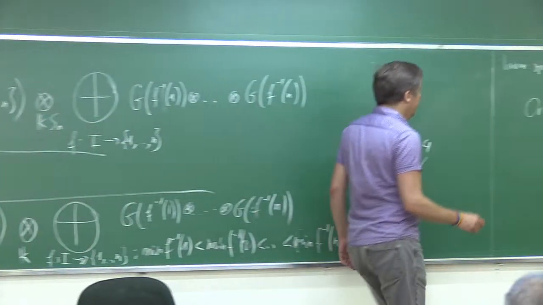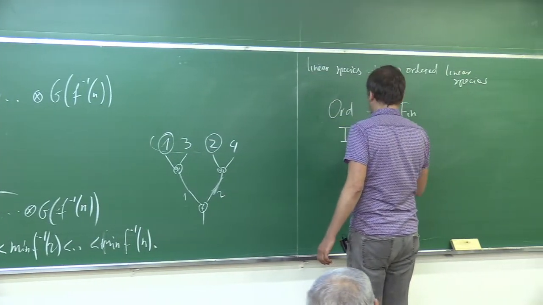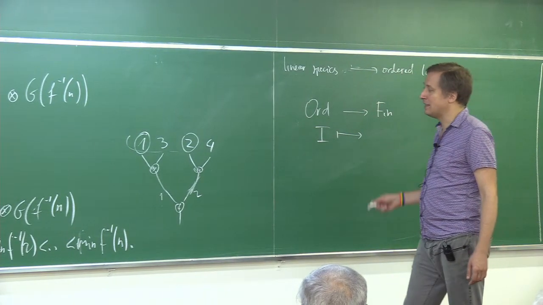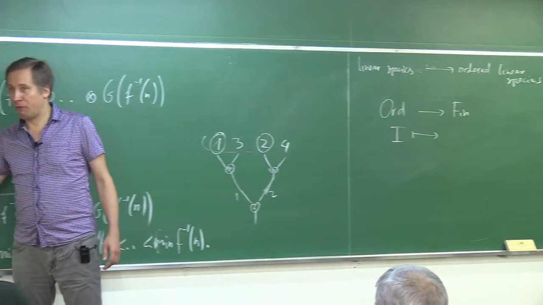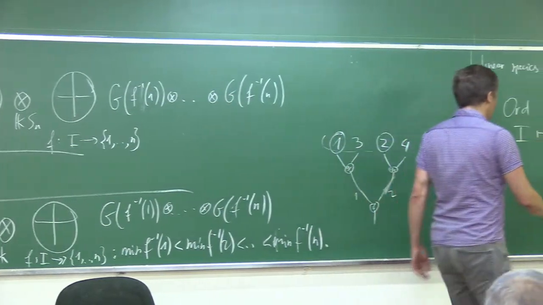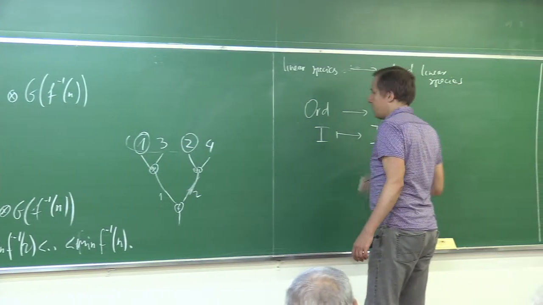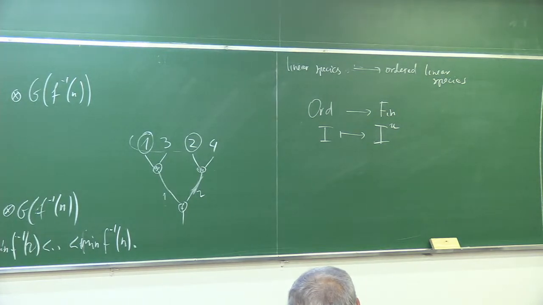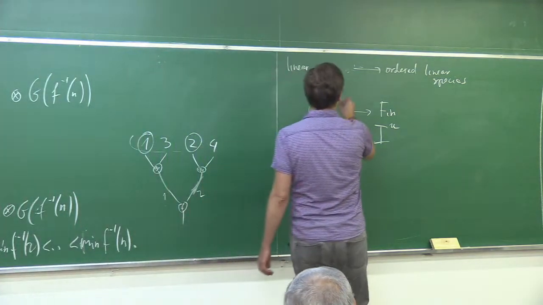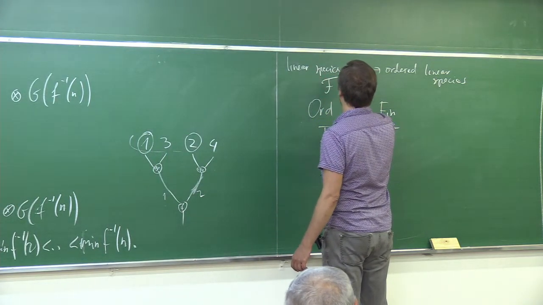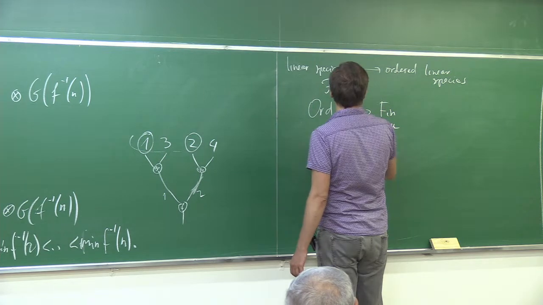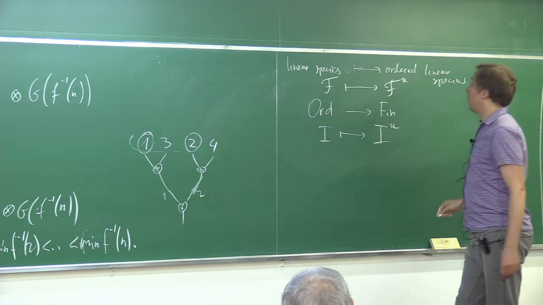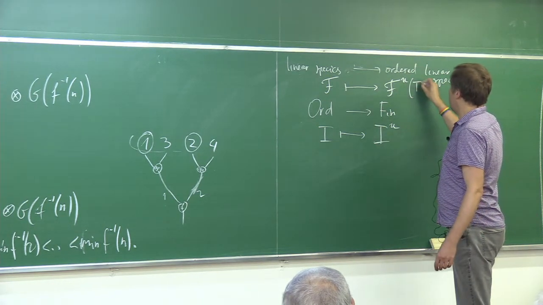I think that in the lecture I put some letter F for it, but then I realized that I very often use F for surjection, so in the notes, I use the letter U for the underlying finite set from an ordered set.